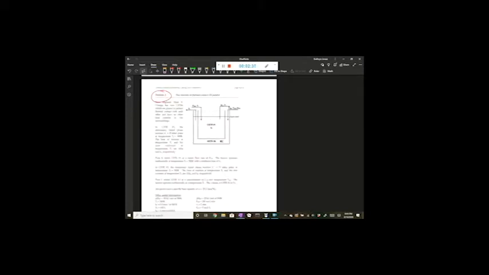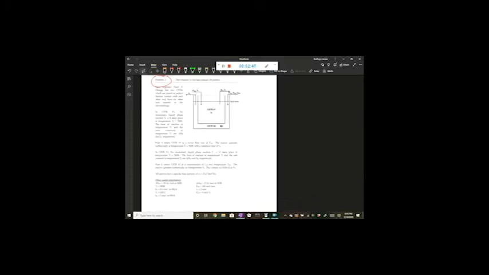Scrolling down, our first problem is problem 2, the two reactors in isothermal contact. Before we get into this, I want to highlight a couple of things from the problem statement. It says a new engineer has 2 CSTRs which are placed in perfect thermal contact with each other, and they have no other heat transfer to the surroundings.